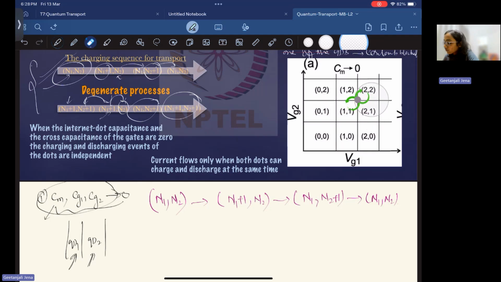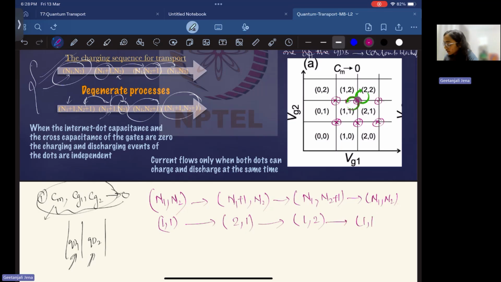But once we get to this cross point, let's say if you see the one example which has been discussed in the class. We started with 1, 1. Then we add one electron to quantum dot 1, which will give 2, 1. Then this will give 1, 2.